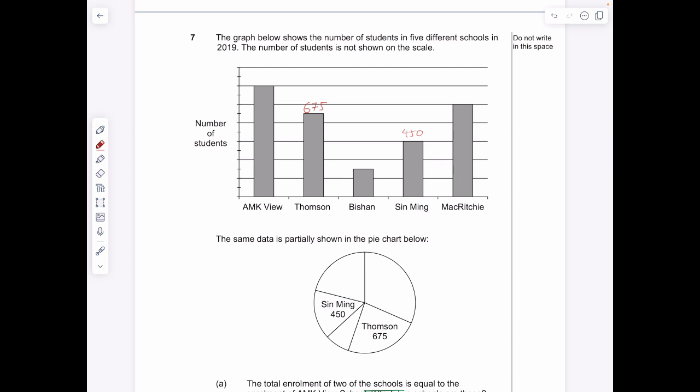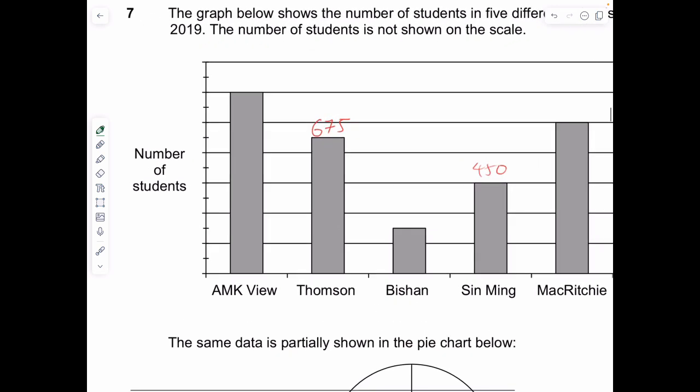If you take a look at it, from here to here, the difference between these two is actually 225.